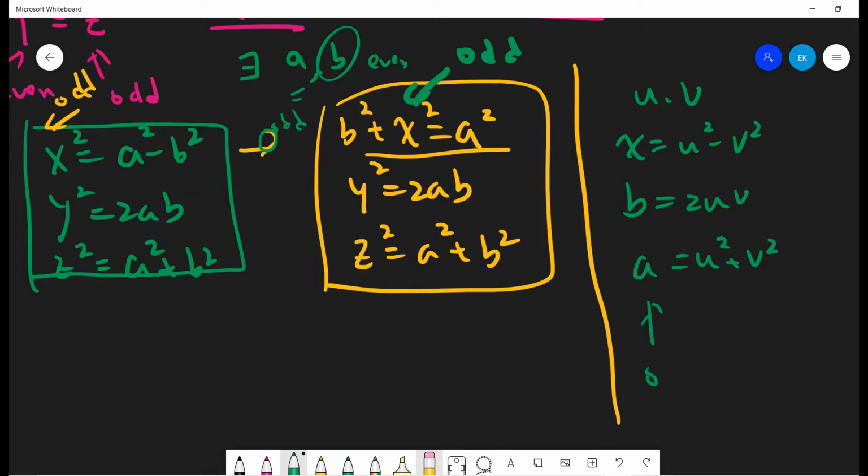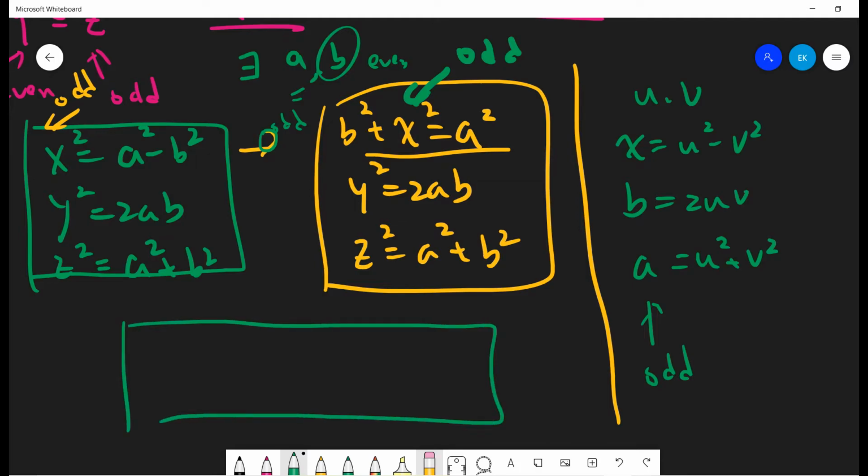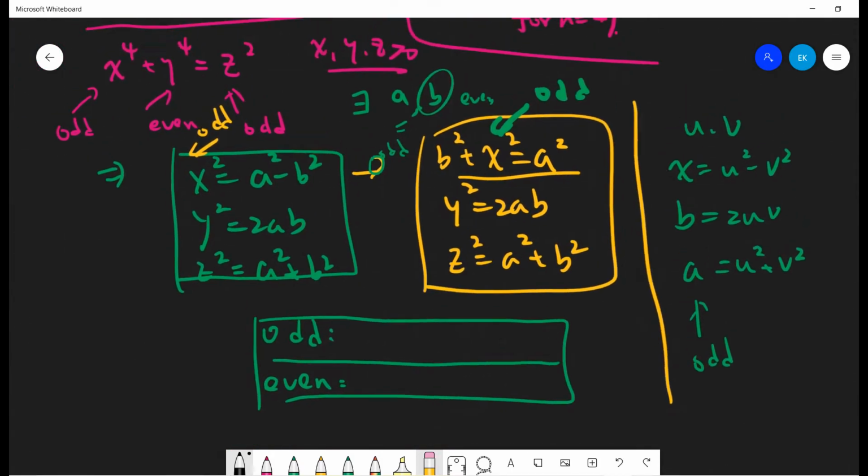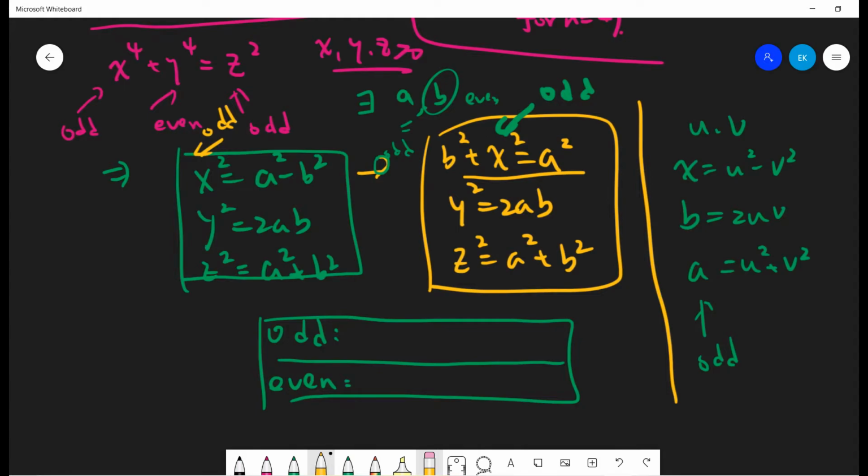So let's make a table to make sure everyone understands who is odd and who is even. At the beginning I said x is odd, y is even, z is odd.